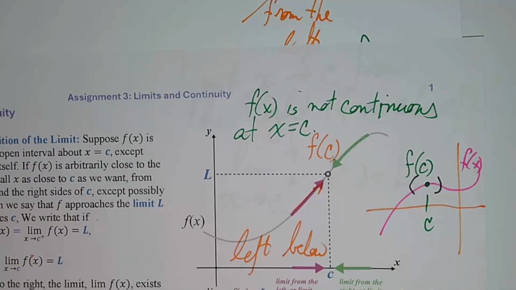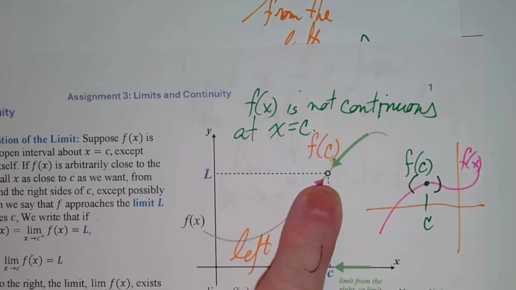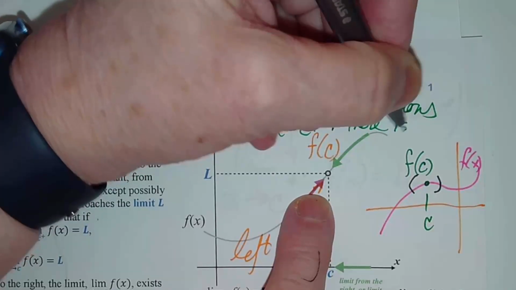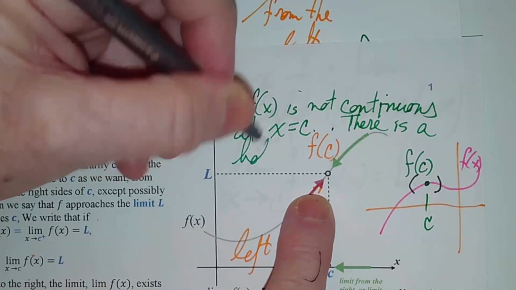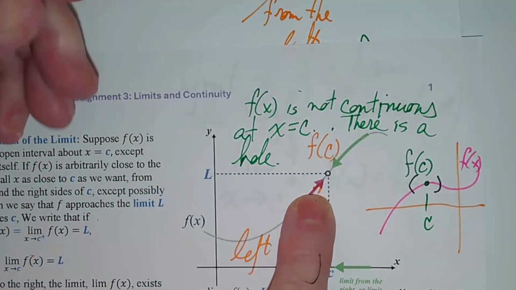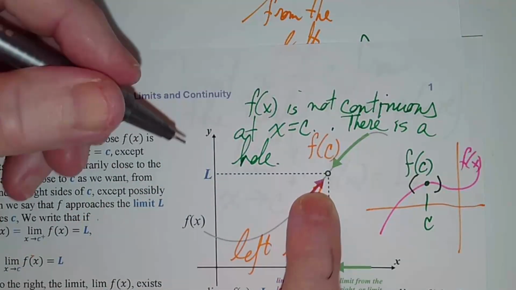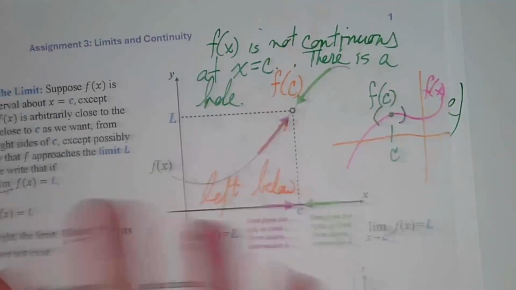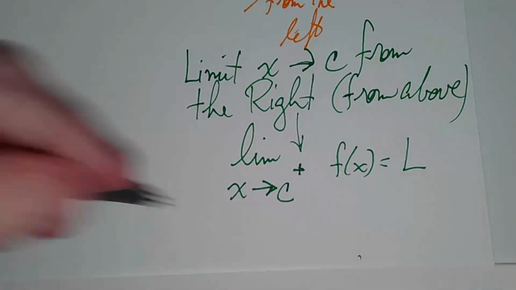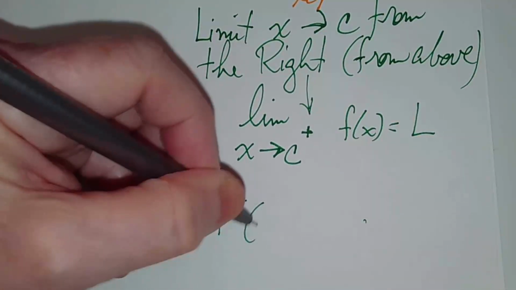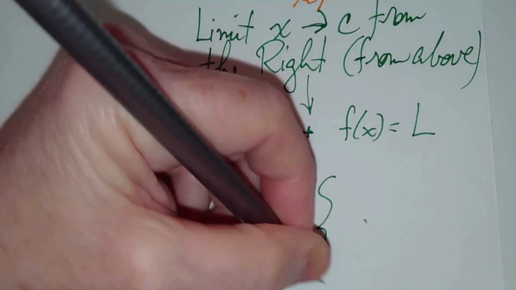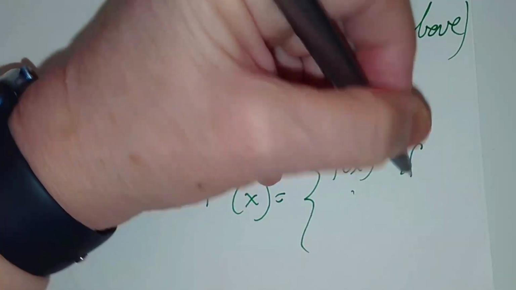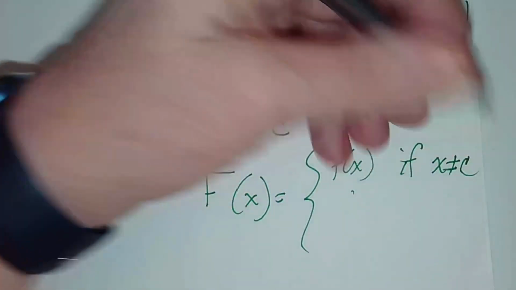The kind of discontinuity is a hole. There is a hole. We don't mind holes so much because we can plug them. I can make a new function. So let's see. This was f of x. Let's create a new function, capital F of x, and it's going to be equal to f of x if x isn't c.